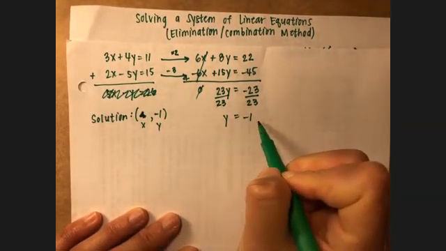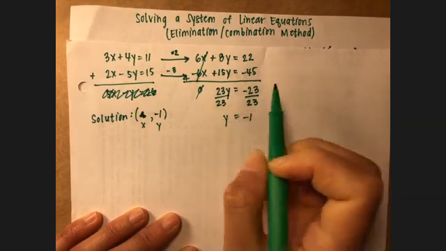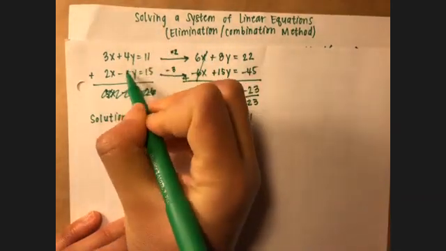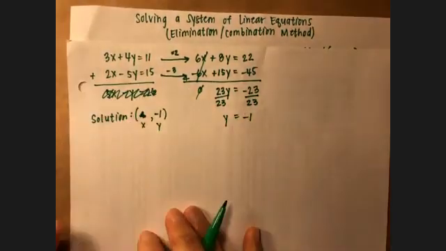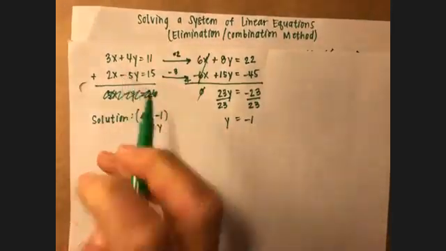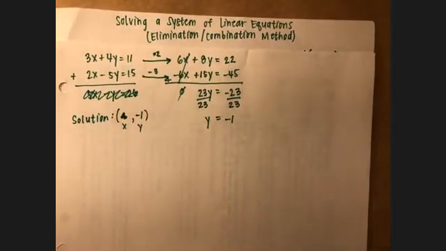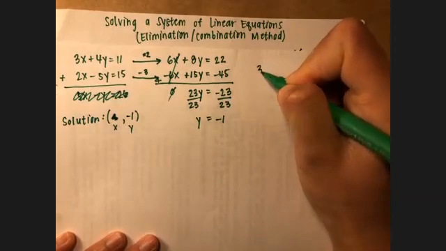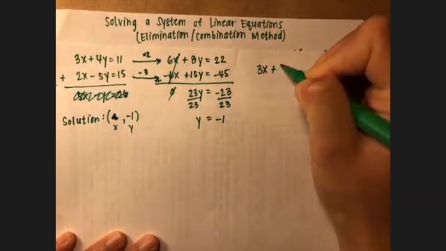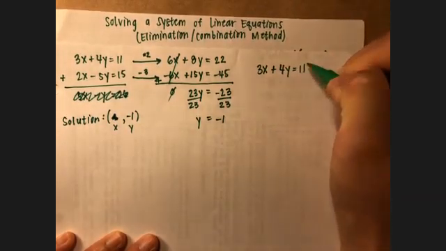Well, remember I can take this number y, this -1, and I can plug it back into one of the two first equations. I'm going to use the first one just because I want to avoid this negative, and sometimes I make mistakes with negatives. So I'll use the first one. It doesn't matter which one you choose. 3x plus 4y equals 11.